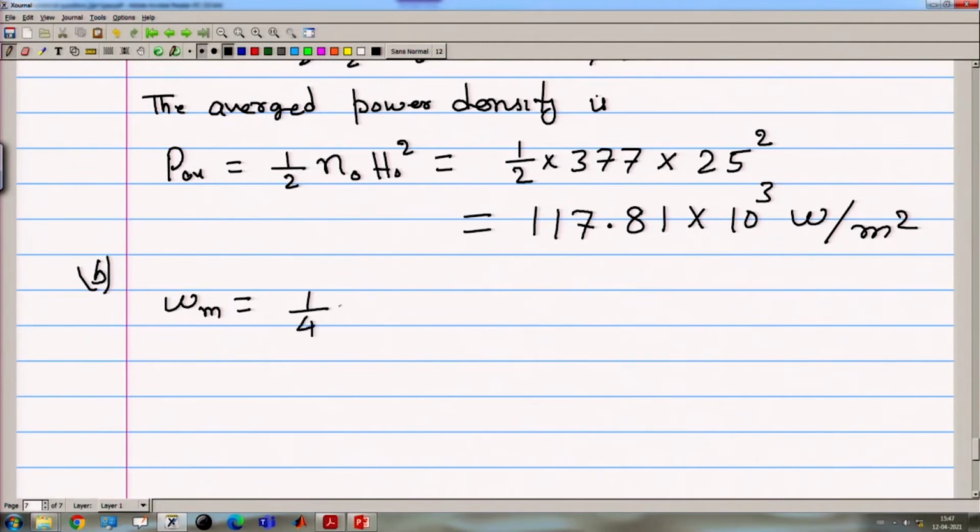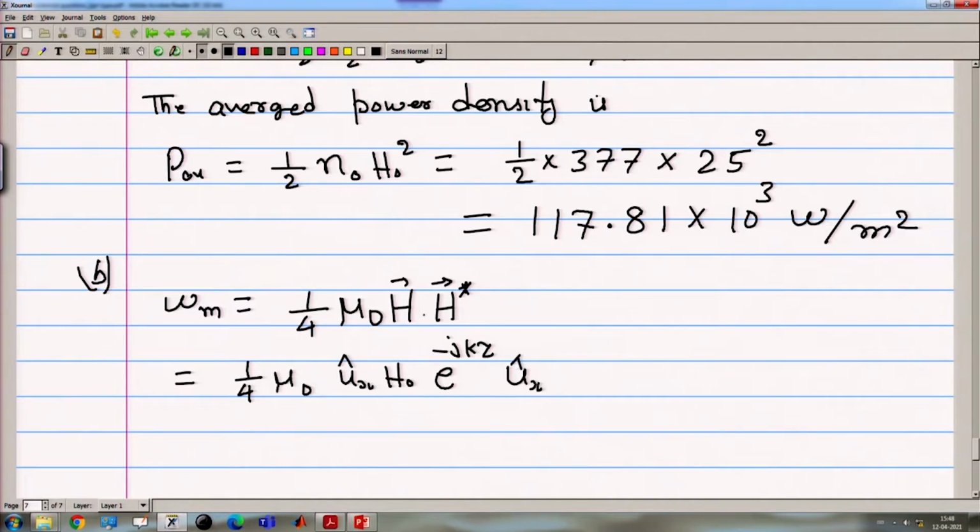So, 1 by 4 mu naught H dot H star, 1 by 4 mu naught, H value is u_x H naught e to the power minus j k z, dot product with u_x H naught e to the power j k z.